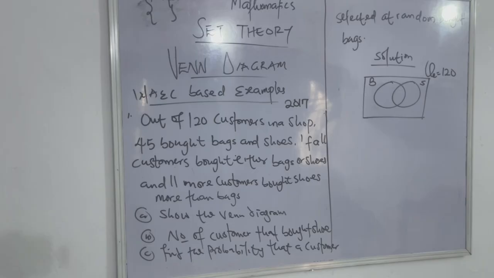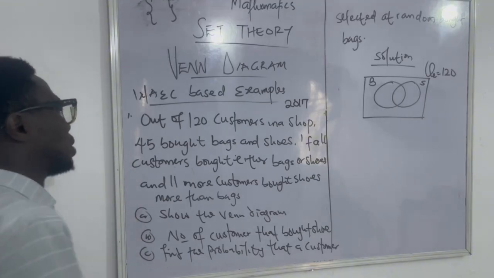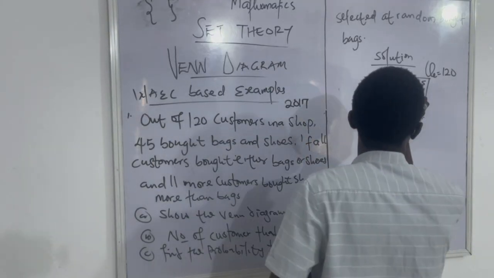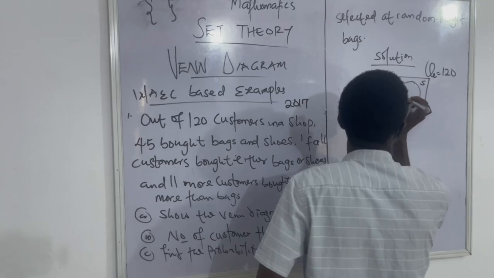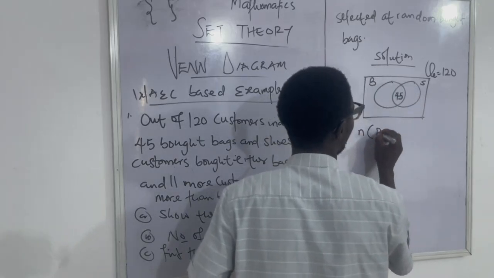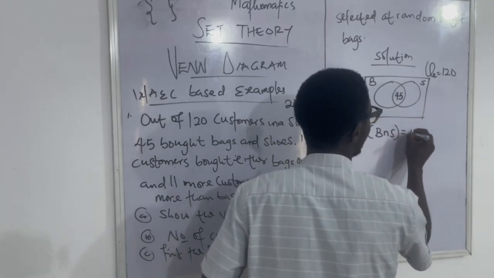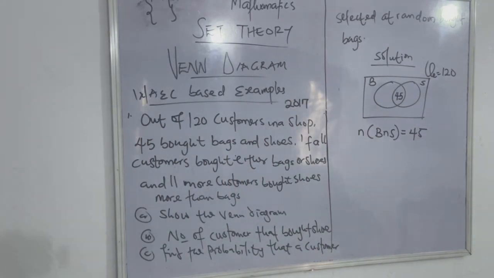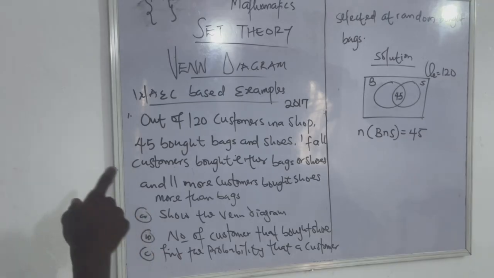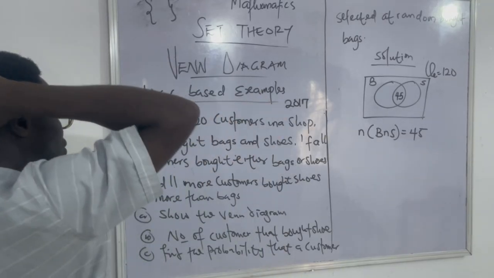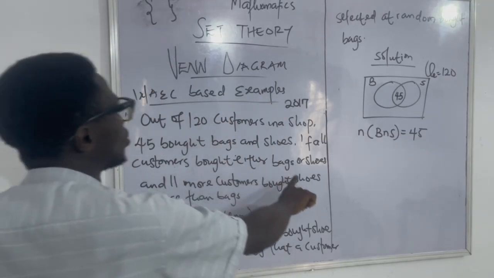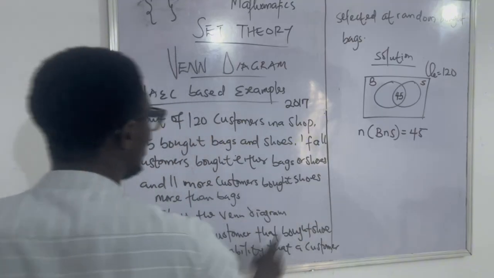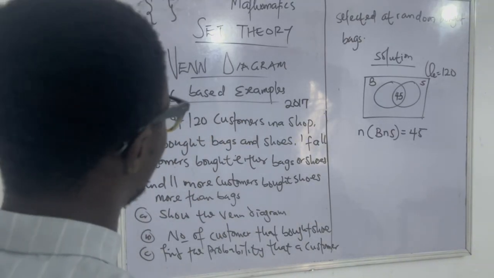So they said out of 120 customers in the shop, 45 bought bags and shoes. So number of bag intersection shoe is 45. Now explaining it further, that's if all customers bought either bags or shoes. They said and 11 more customers bought shoes than bags.